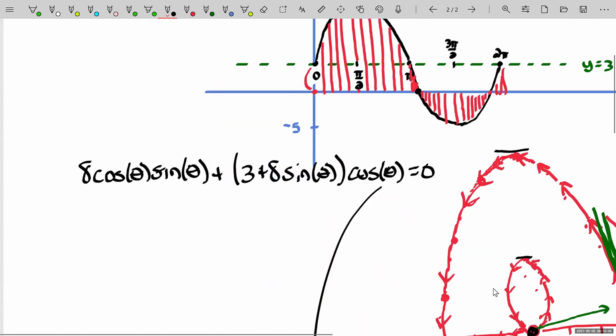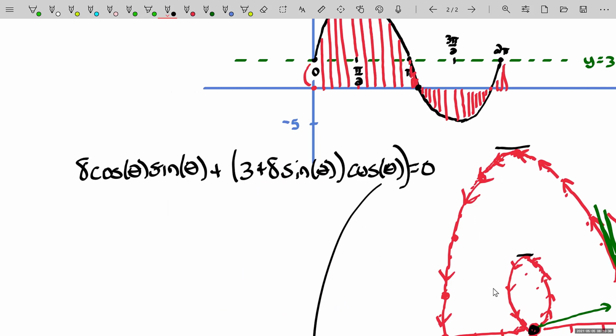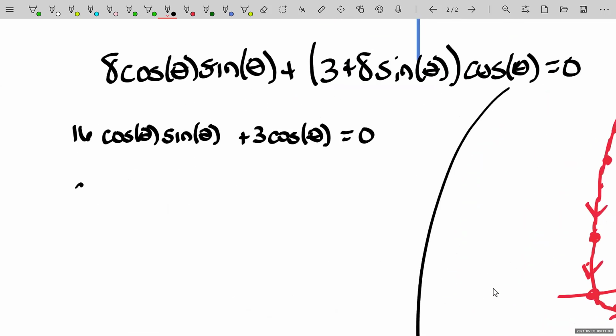This one actually is tons easier. If you take a look at this, you'll get 8 cosine of theta sine of theta, plus 3 cosine of theta, and then plus another 8 cosine of theta sine theta. So there'll be 16 of these altogether. Factor out a cosine, and you'll be left with 16 sine of theta plus 3.